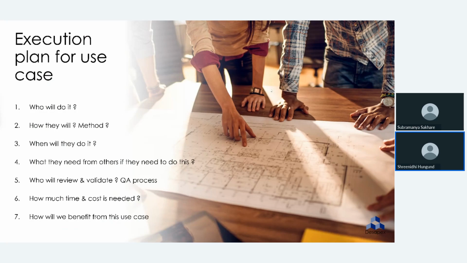Who will do it? If it is a 3D model, who will do the 3D model, whether it is the architects, MEP consultants or contractors, who will do it and how they will do it, that methodology has to be explained. Today if you type in BIM execution plan, you will get a lot of standard templates. But what we are trying to do here is break it down so that people can understand it in a common language.